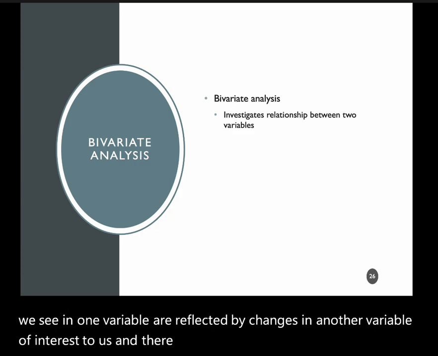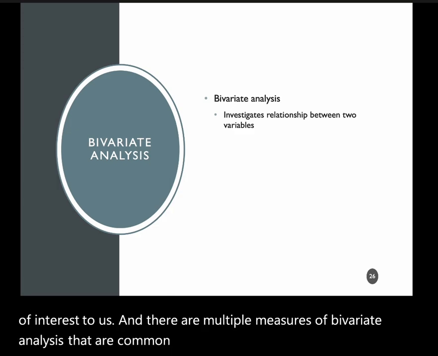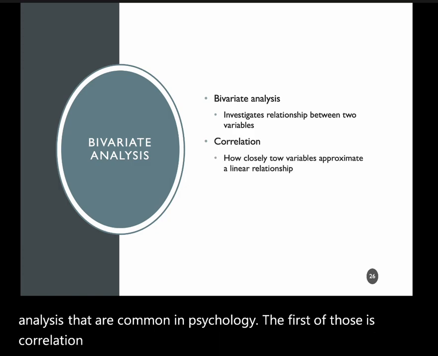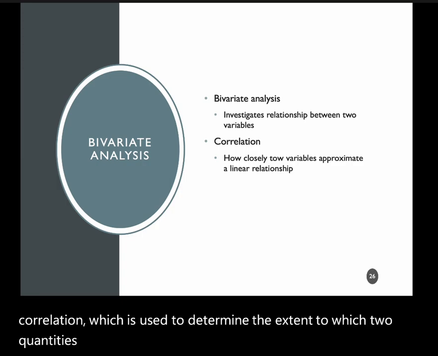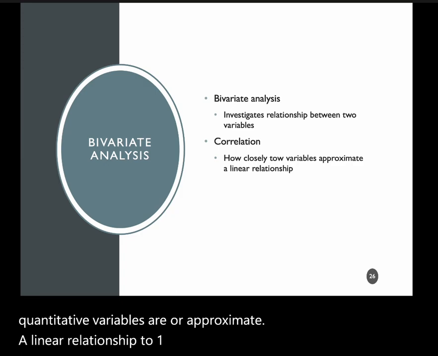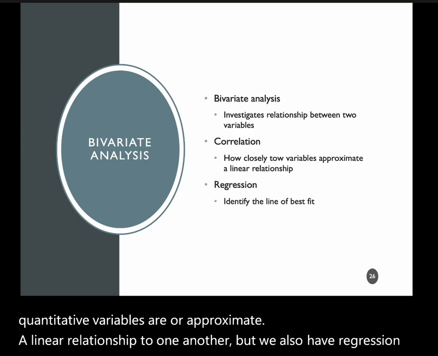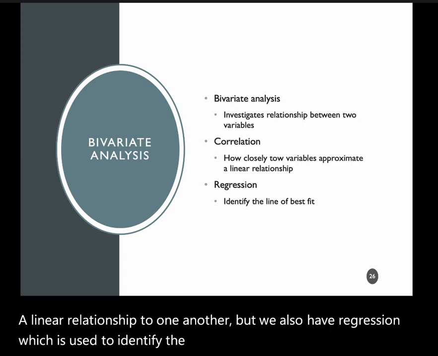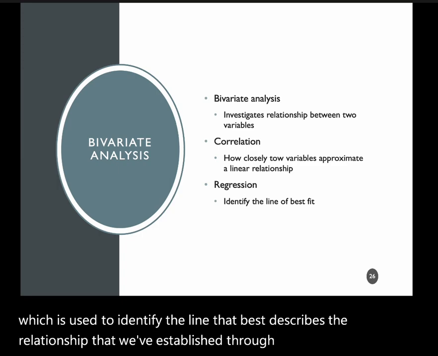And there are multiple measures of bivariate analysis that are common in psychology. The first of those is correlation, which is used to determine the extent to which two quantitative variables are or approximate a linear relationship to one another. But we also have regression, which is used to identify the line that best describes the relationship that we've established through correlation.